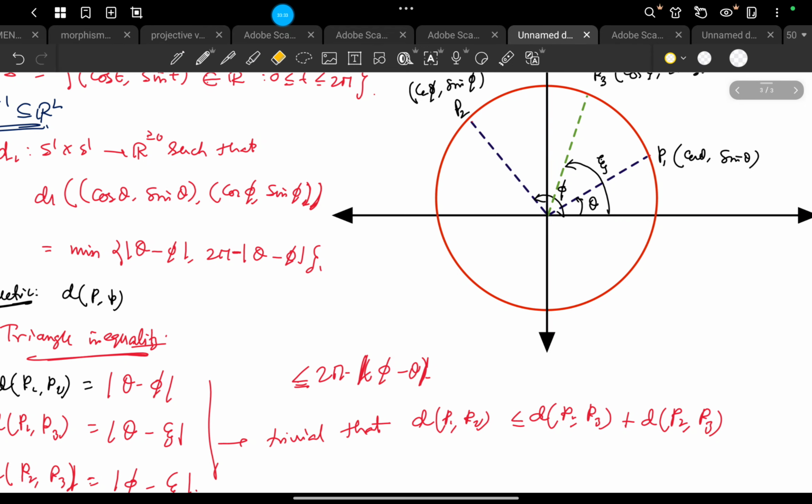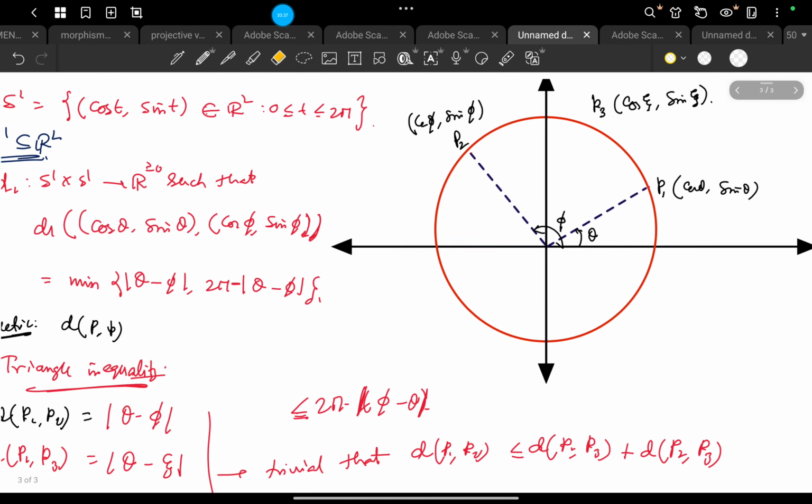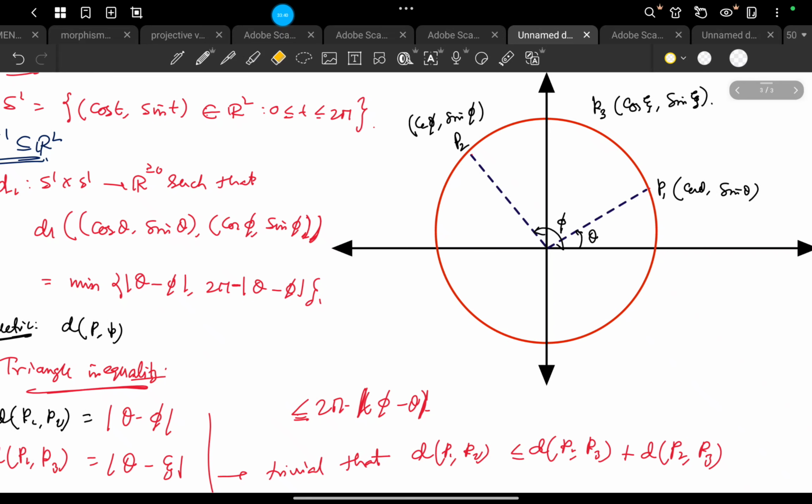But suppose we have a different case, where instead of p3 here, let us consider that p3 is something like this. Now this is my xi.